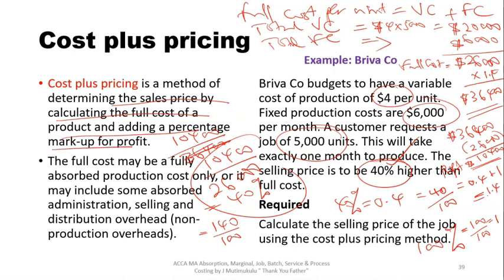So it should be the percentage markup, which is the profit divided by the cost of the product. I hope we are together. So we have proved that 40% was actually the percentage markup on cost. The markup on cost.